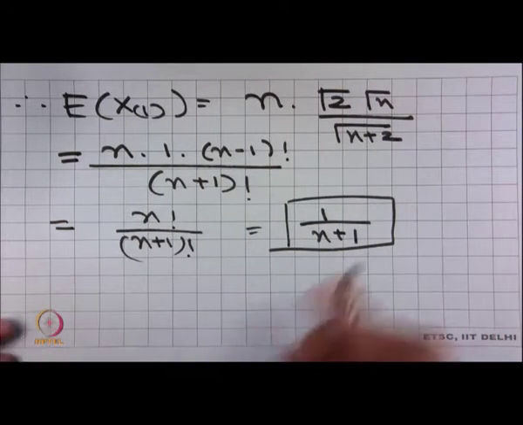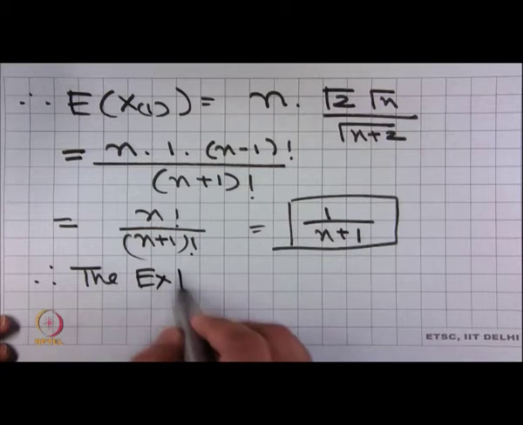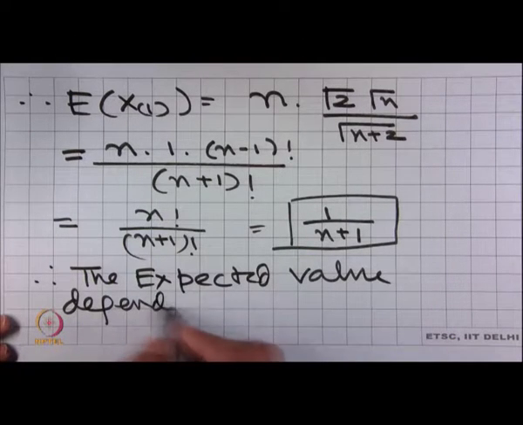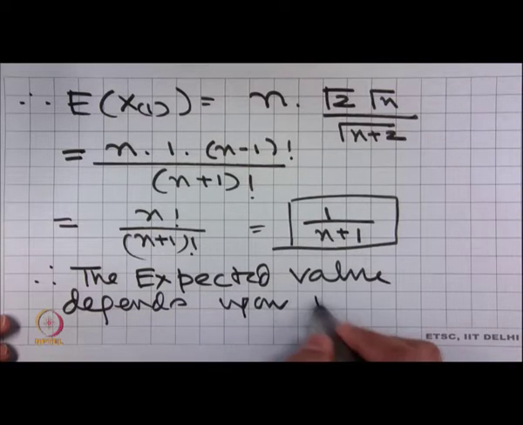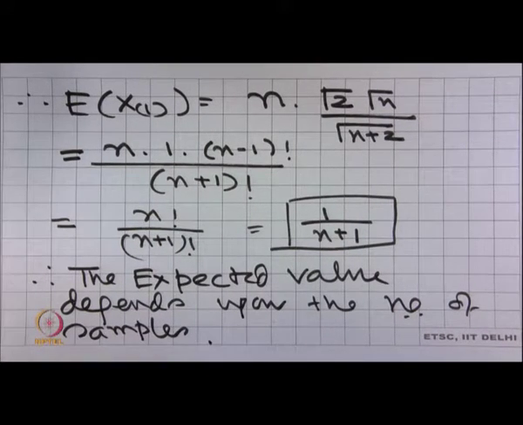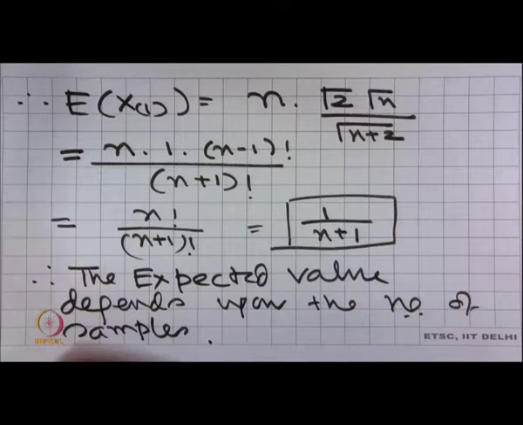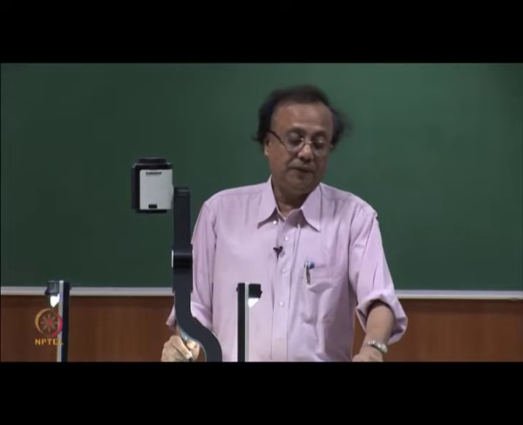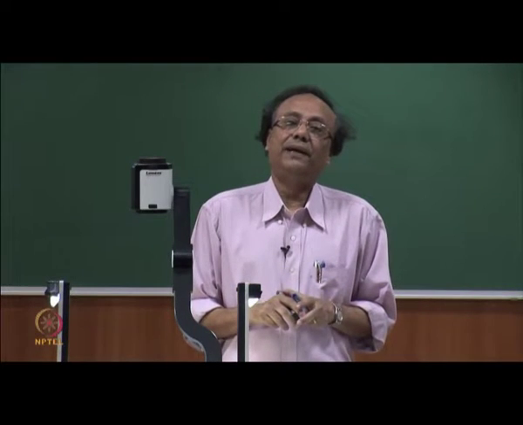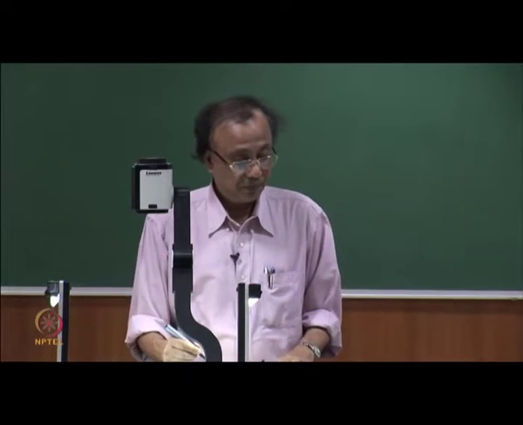Therefore, the expected value depends upon the number of samples, and as n increases, this quantity 1 upon n plus 1 converges to 0, which is expected, because if you are sampling from uniform 0 1, then the minimum is expected to go to 0, and as we have observed, the maximum is expected to converge to 1.